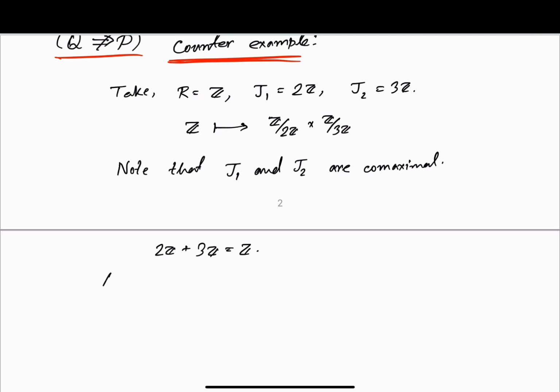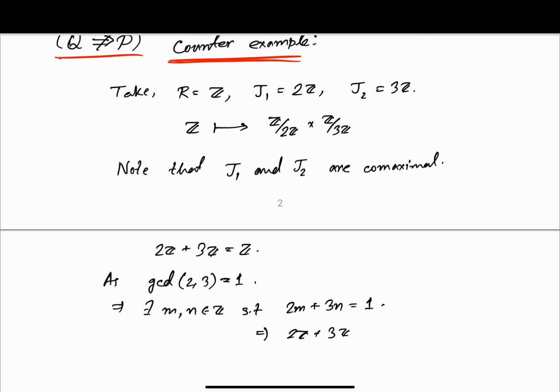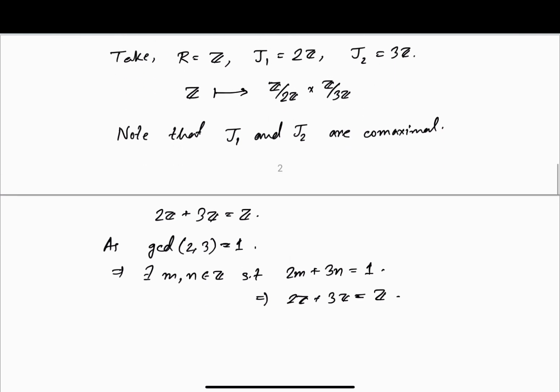Because the GCD of 2 and 3 is 1, there exist integers m and n such that 2m plus 3n equals 1, which implies that 2Z plus 3Z is Z. So therefore J1 and J2 are co-maximal.